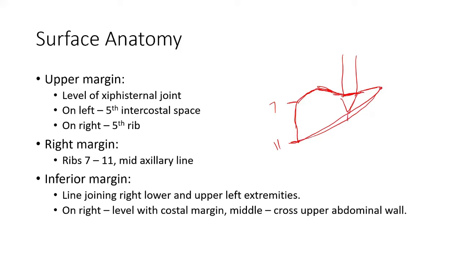Below the xiphisternum, the liver extends about a hand's breadth below the level of the lower end of the xiphisternum. And this edge usually follows the costal margin.